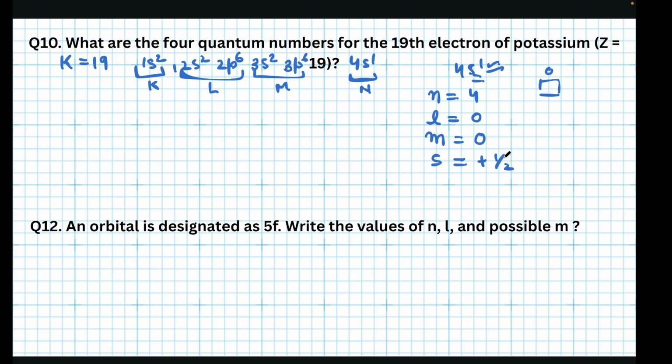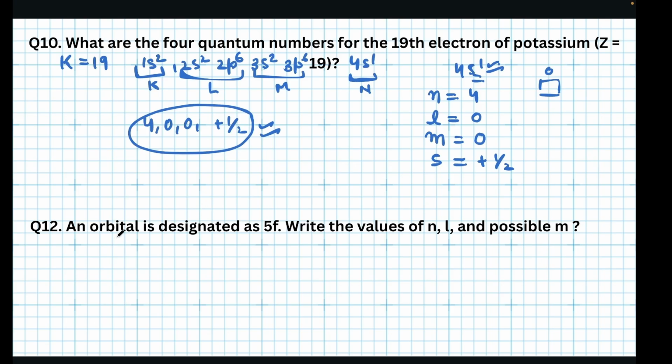So the set of quantum numbers for the last electron will be 4, 0, 0, plus half. This will be the answer.